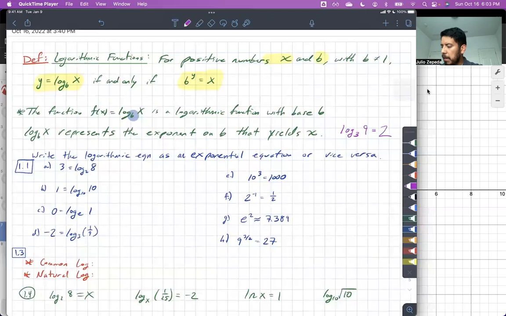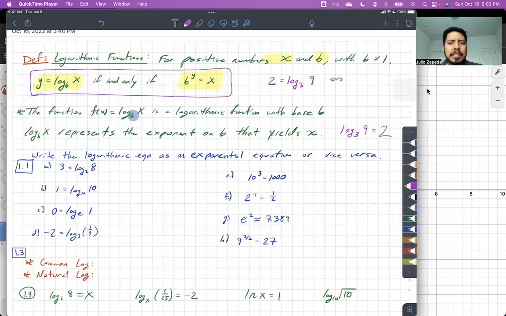Okay, so as we said in the definition up above, 2 is equal to the log base 3 of 9 if and only if, and that means that statement is equivalent to the base b, which in this case is 3, raised to the y, which is 2, is equal to 9.